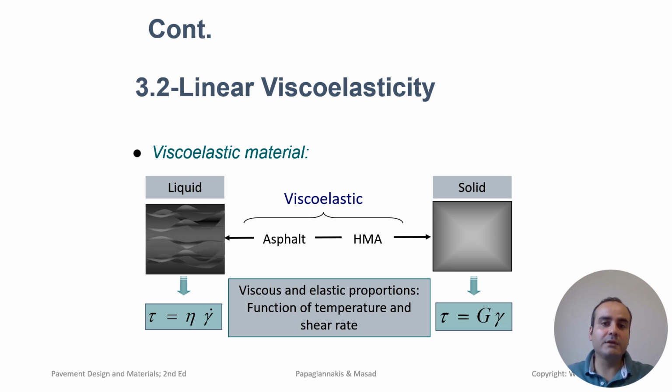Shear rate is the rate of strain in a fluid. This relationship is as tau equals eta times gamma, where tau is shear stress, eta is dynamic viscosity of the fluid, and gamma is shear rate, or rate of change of strain.